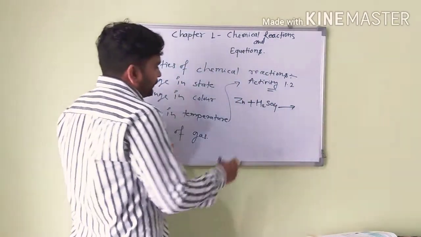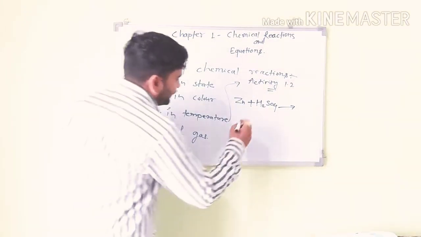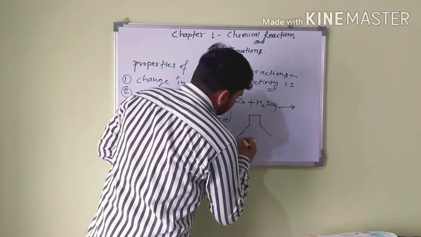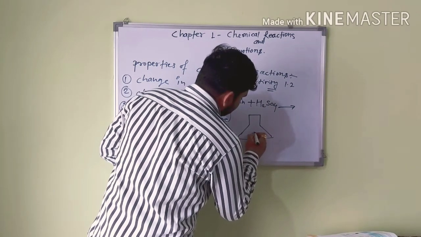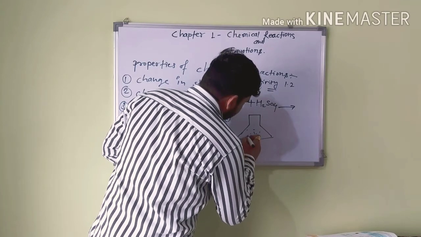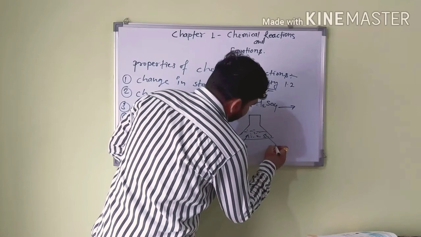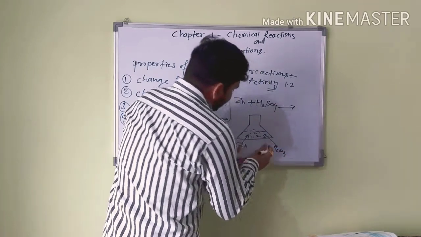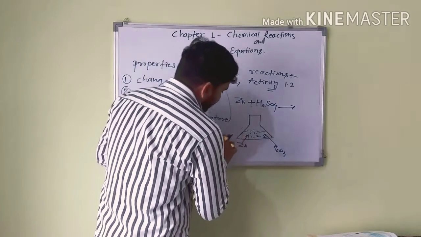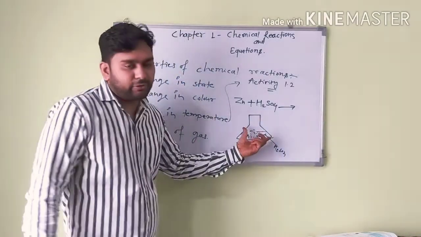When we fill it in a conical flask, it looks like this. It is filled with the zinc, and inside it H2SO4. When these two things react to each other, and we touch the outside of the conical flask, we feel heat outside of it.